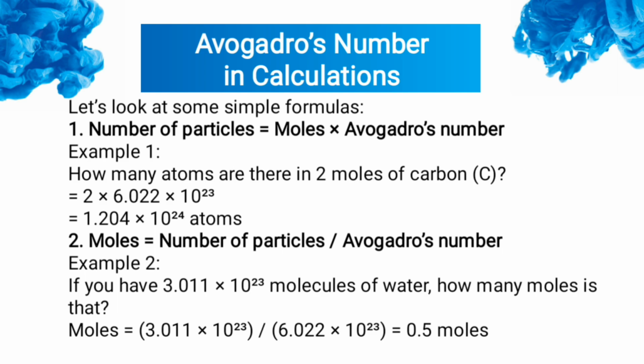So moles is equal to 3.011 multiplied by 10 raised to the power 23 divided by 6.022 multiplied by 10 raised to the power 23, which is equal to 0.5 moles.